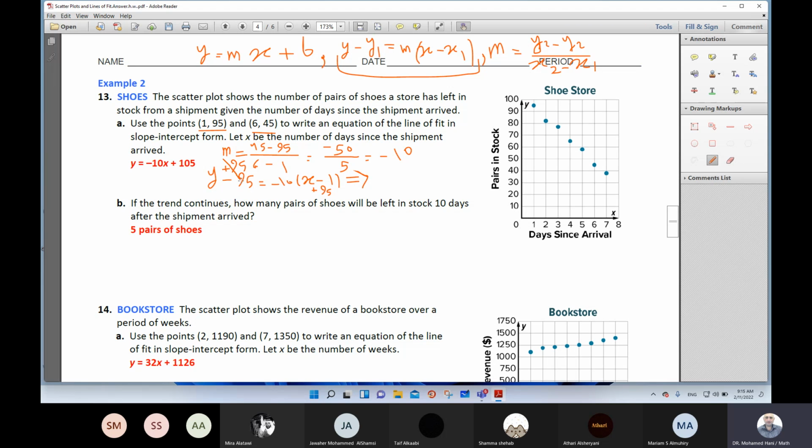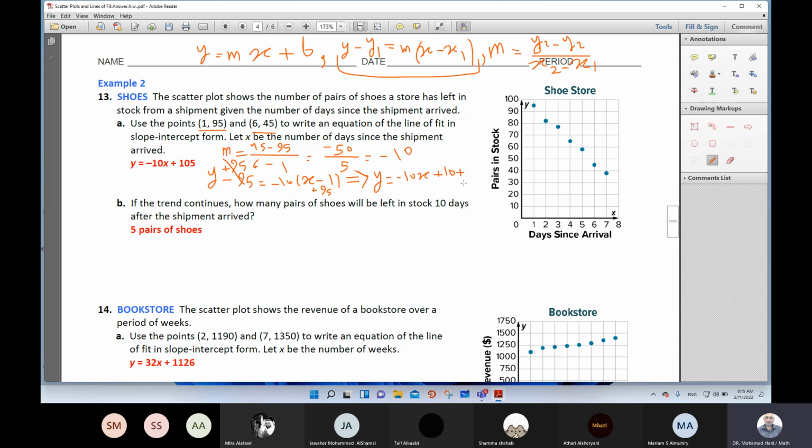In the first side here remains y equal. In the second side, we can use distributive property. Negative 10 times x will be negative 10x. Negative 10 times negative 1 will be positive 1. Sorry, negative 10 times negative 1 will be positive 10.